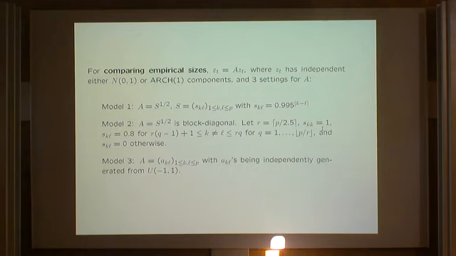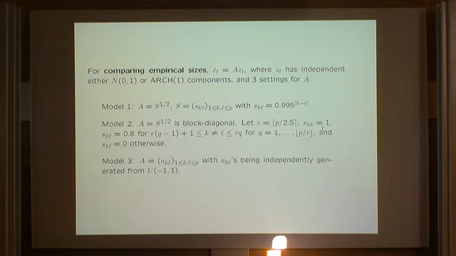Okay, this is comparing the empirical size. We set the nominal level at 5%. Then this is the data, which should be white noise: epsilon t equals A zt. The zt are independent, mean 0, variance 1, and this is IID. Or independent ARCH(1), where each component is ARCH(1).